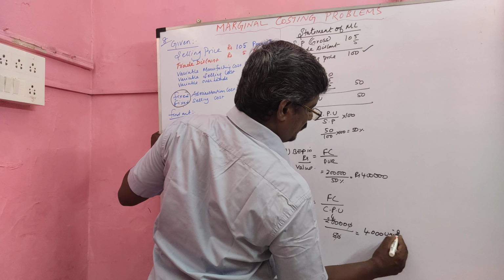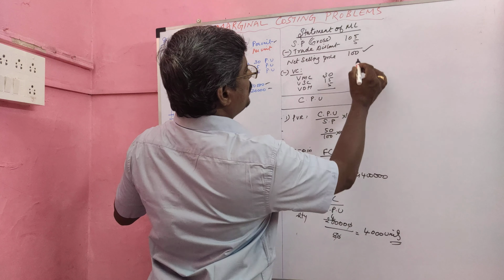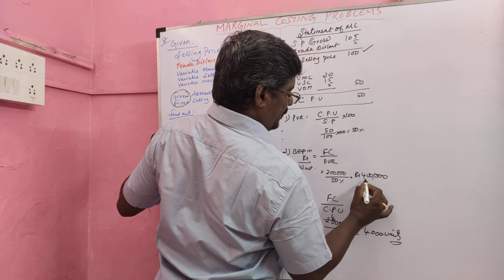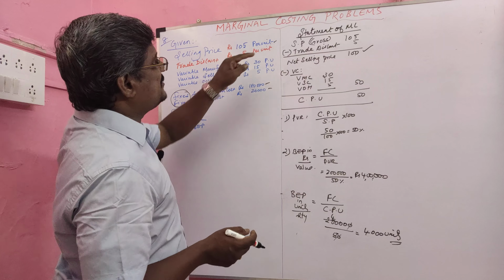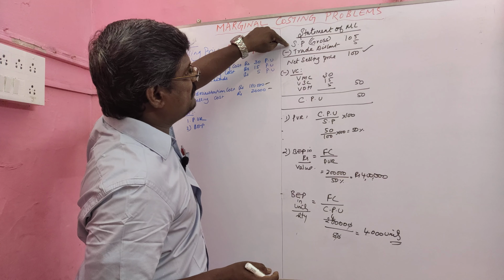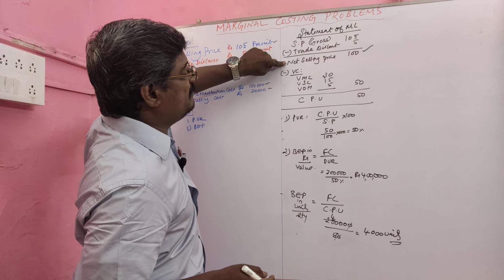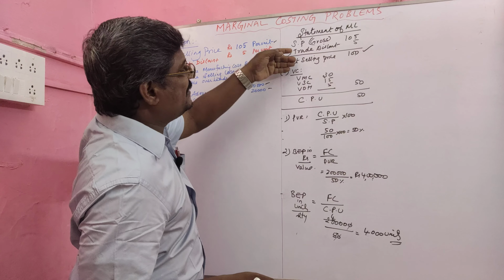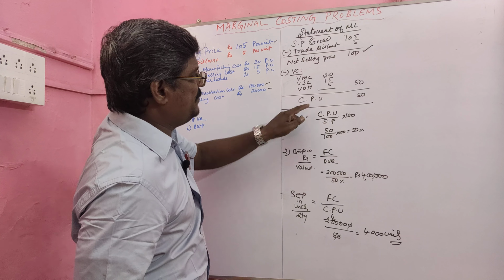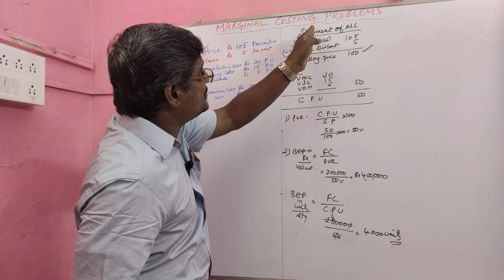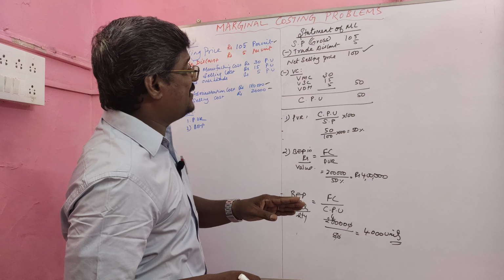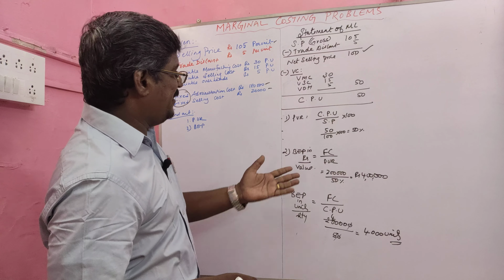So our answer is 4,000. 4,000 into 100, we will get how much? 4 lakh rupees. Here, if trade discount is given, we should deduct from the selling price. The remaining value will be called net selling price. Then deduct variable cost, you will get CPU. When calculating PVR, you should not consider the gross selling price, you should consider the net selling price. Remaining things are easy.